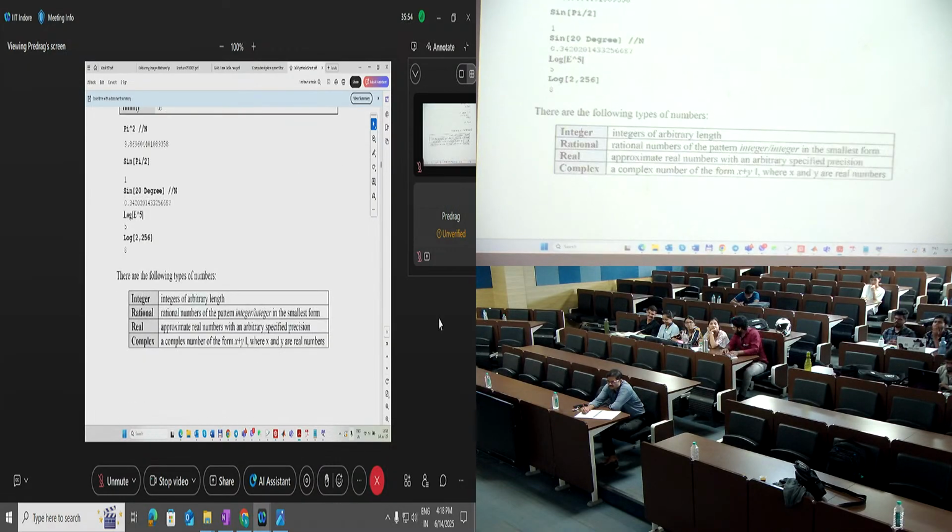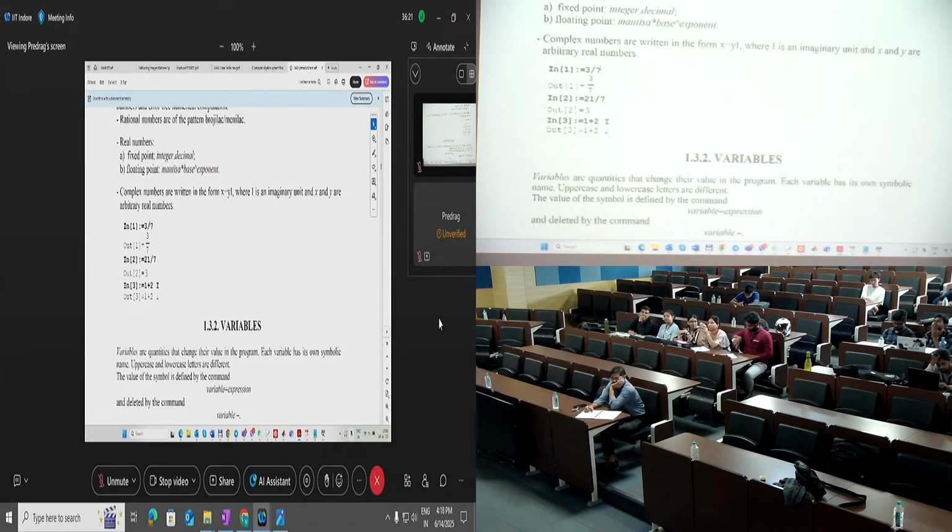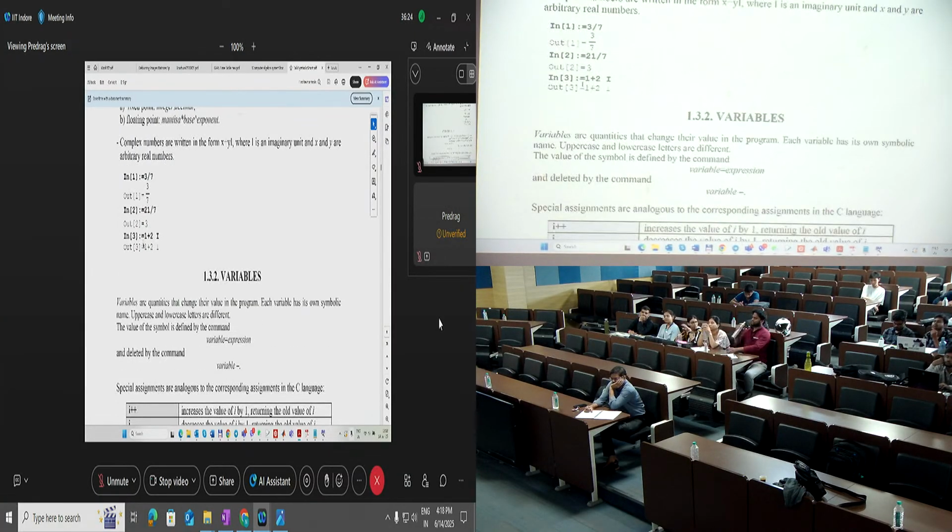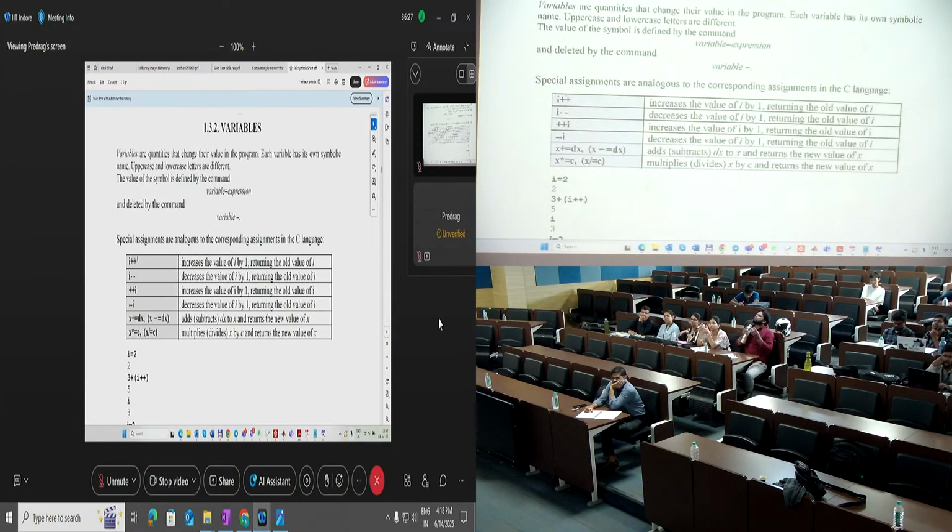Different types of numbers: integers, rational numbers, real numbers, complex numbers. Complex numbers are in the form real part plus imaginary part times complex unit. Here is the possibility to use plus plus, minus minus in front or after, as it was in C++.